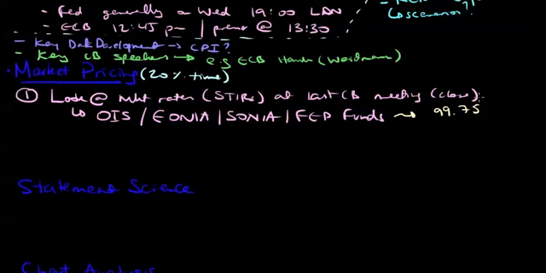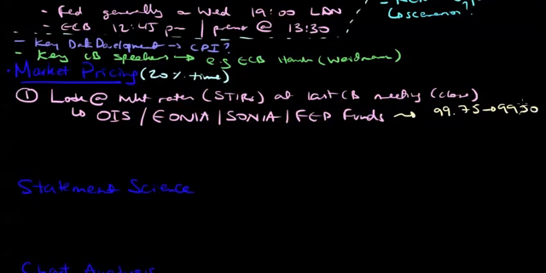And if the market's currently trading at 0.25, and there's a possibility that there is a hike, then the market should be trading at 0.5, so that the market price should be at 99.5. So if we were to see a hike, we'd like to see that 99.5.